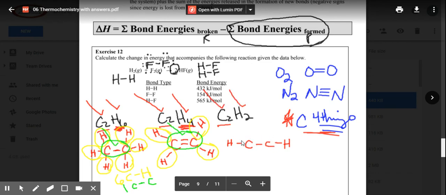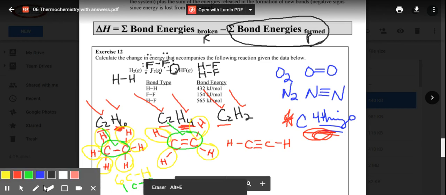This carbon and this carbon are not happy because there's only 2 things attached to either one of those. So what I'm going to do to make it happy is give it 2 more bonds. So now this carbon has 1, 2, 3, 4 things attached, and this carbon has 1, 2, 3, 4 things attached as well. We have to make sure we uphold the 4 things attached. The reason why is because this fulfills the octet of carbon.